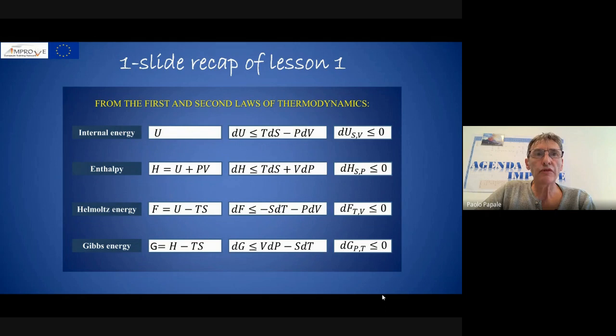We then moved to explore the consequences of the first and second laws of thermodynamics, and we ended up with 4 different definitions of the energy of a system, each one providing a criterion for chemical equilibrium corresponding to energy minimization, each one appropriate for systems evolving under different conditions.